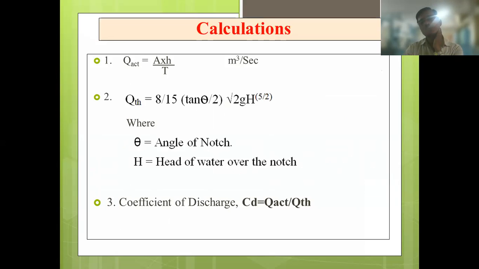Q theoretical formula for the rectangular notch will be, what is the formula? 2 by 3 into L into under root of 2g into h raised to 3 by 2. That formula we will use for finding the Q theoretical.